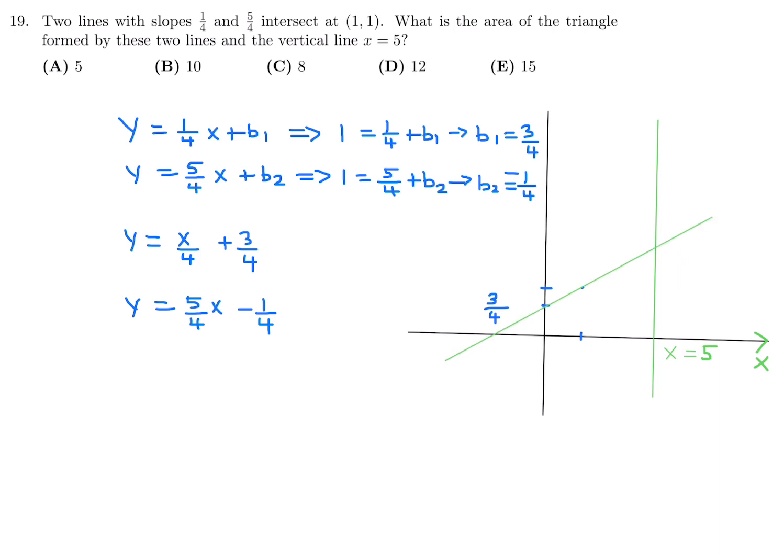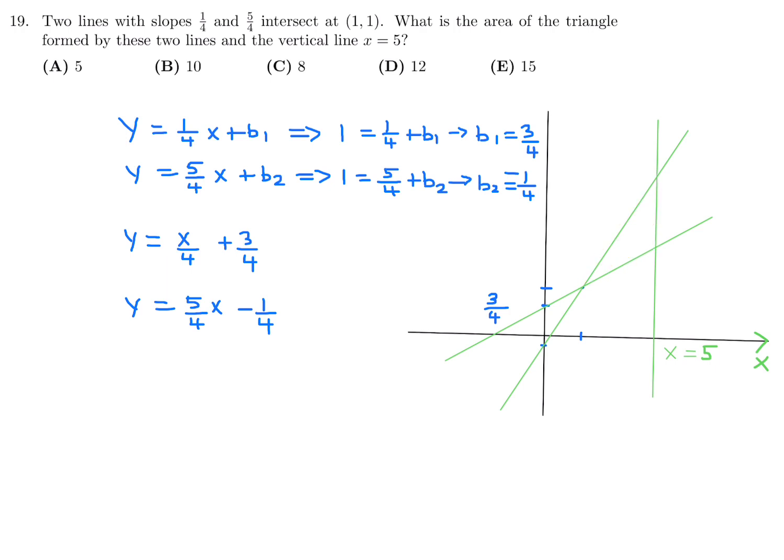Now we can quickly sketch the next one. When x is 1, we get (1, 1), which is a point right here. And then let's say when x is 0, we get minus 1/4, so approximately here. So that line will look something like this. So there we go. Now we have that triangle that they want us to figure out the area of.